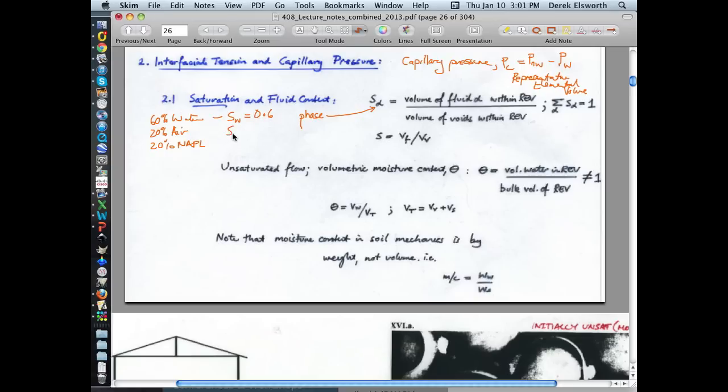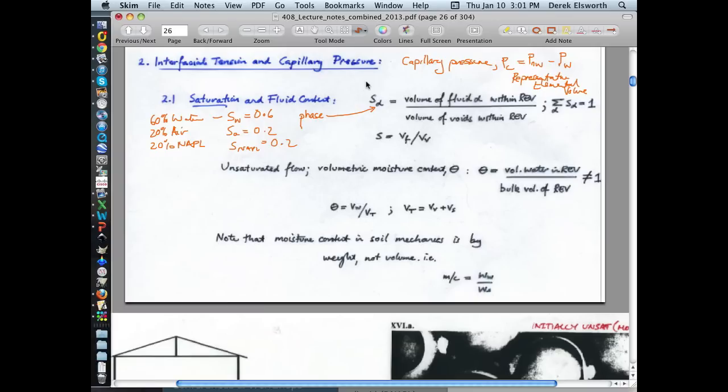The saturation of air would be 0.2, and the saturation of napple would also be 0.2. So straightforward.